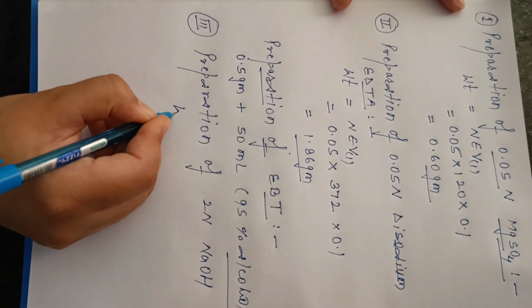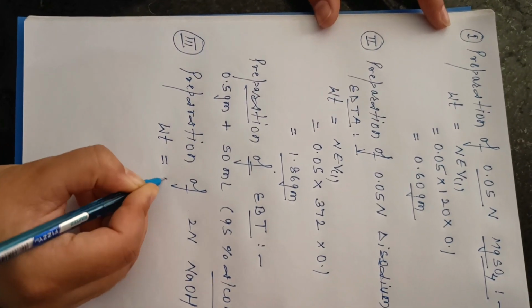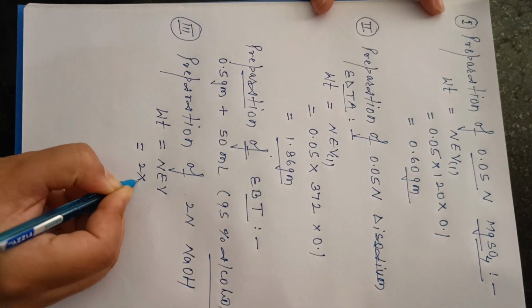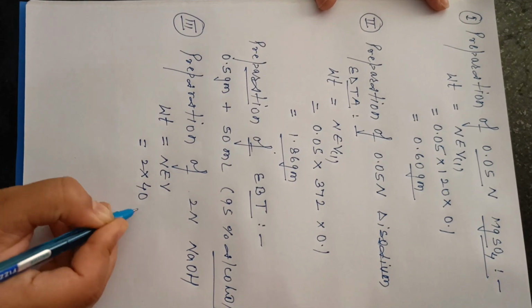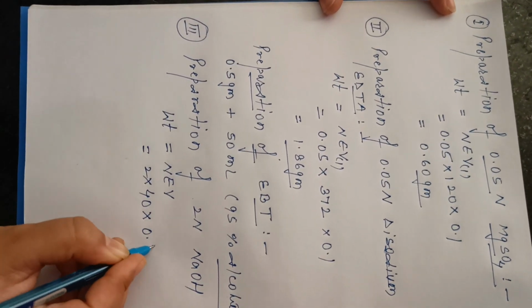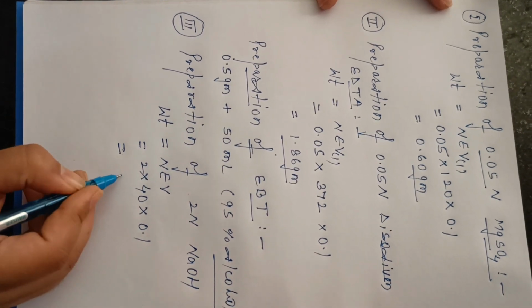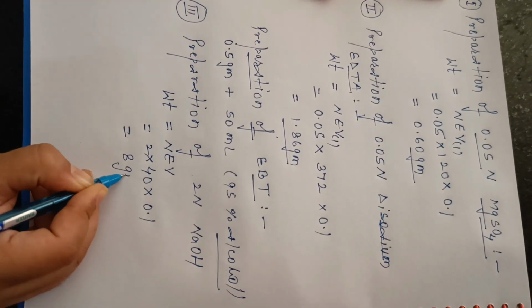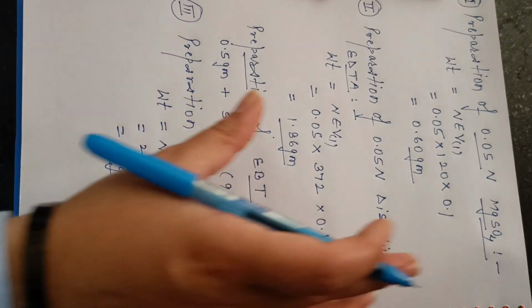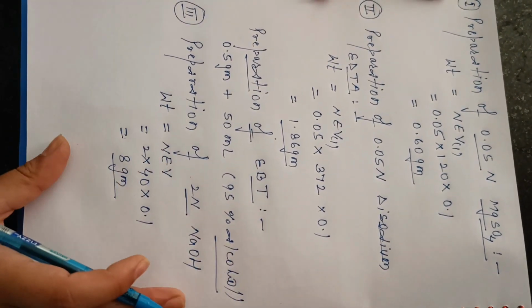The formula applies here, weight equals N into E into V. The normality is 2, the equivalent weight of NaOH is 40, and the volume will be 100 ml. So 100 divided by 1000 is 0.1, and the weight will be 8 gram. This way we are preparing our 2 normal NaOH. So this is all about the reagent preparation calculations.